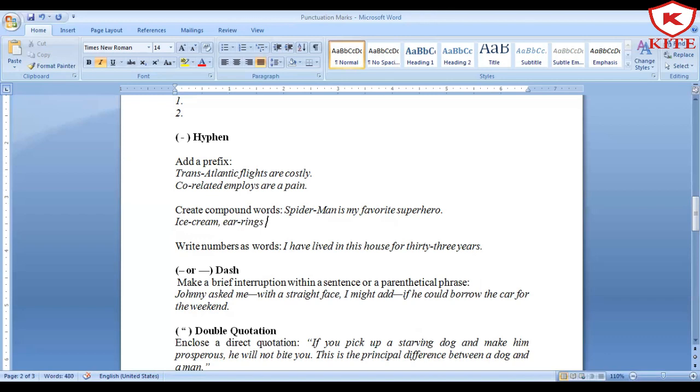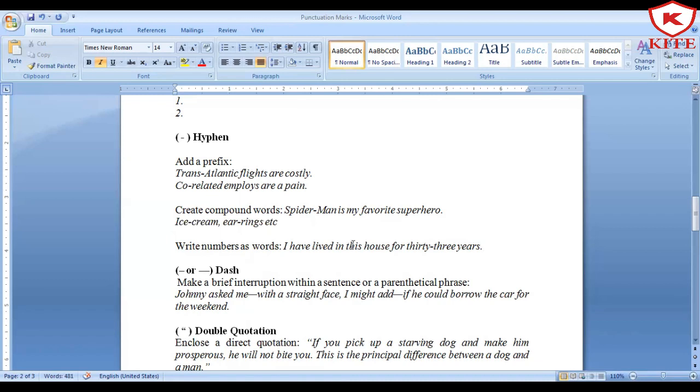So there are many like this, and these are all used to make compound words like blackbird, black-buck, and blackboard, and many more. So compound words are made making use of a hyphen. Going ahead, hyphen is used to write numbers in words.